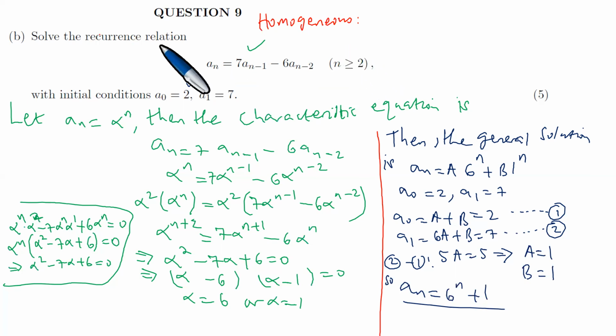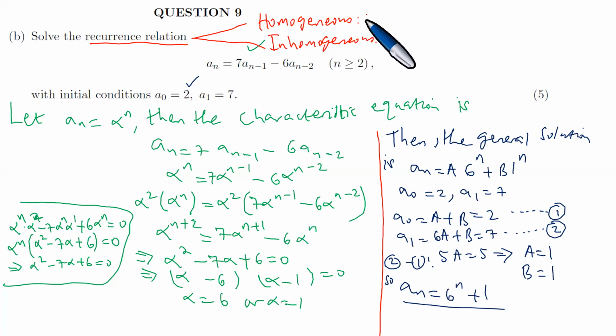So the recurrence relation is either homogeneous or what you call inhomogeneous. But this one is pretty generally easy. It's easy to correct marks. There's just no confusion. So the homogeneous case would be of the form this one here.